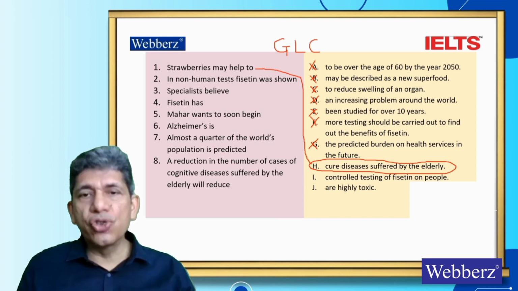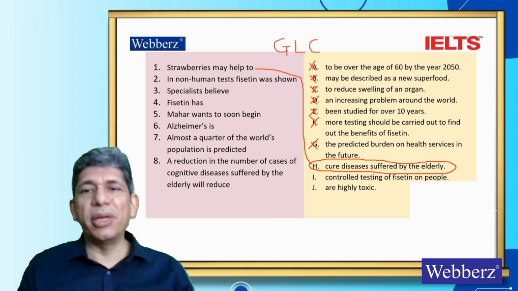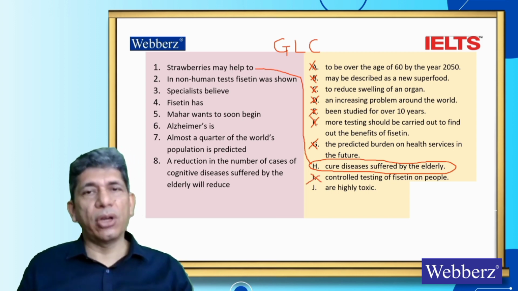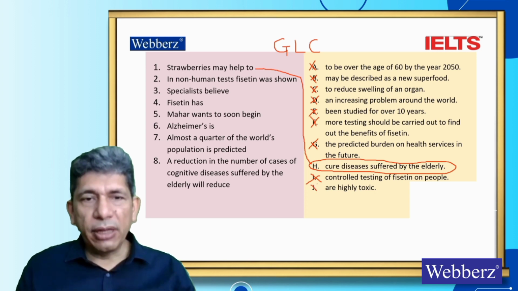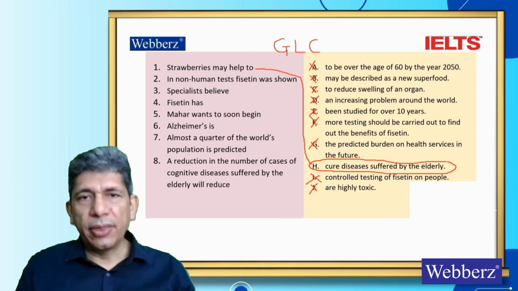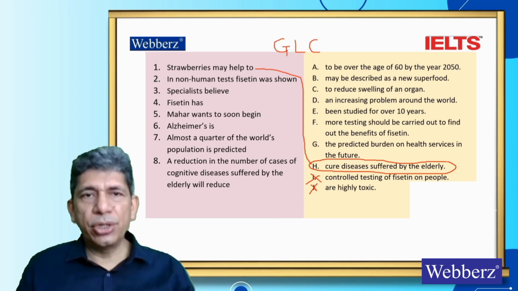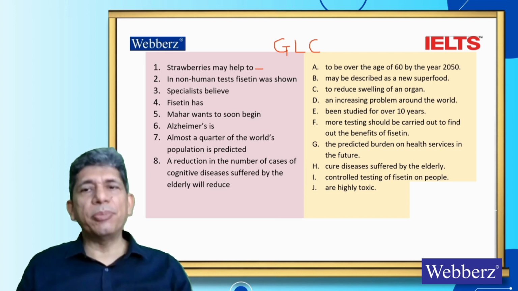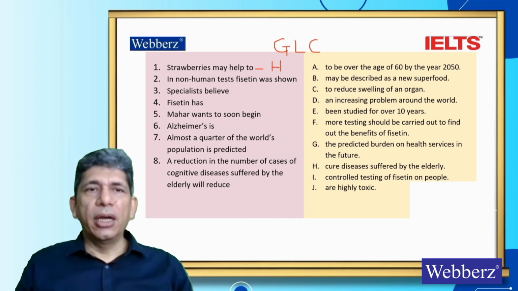May help to control testing, it is not making sense grammatically. May help to are highly toxic, again not making sense. So if I look into all this, I see that my answer to question number 1 might be H.